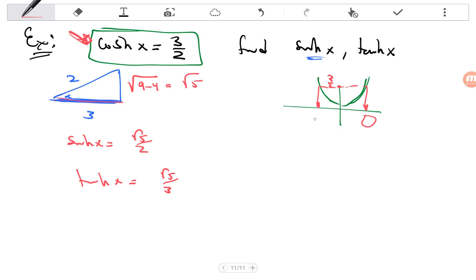That one and the other is just the negative of the given one. Okay? So because the x corresponds to two values, we just have here plus or minus like this. When cosh is given, that corresponds to two values.